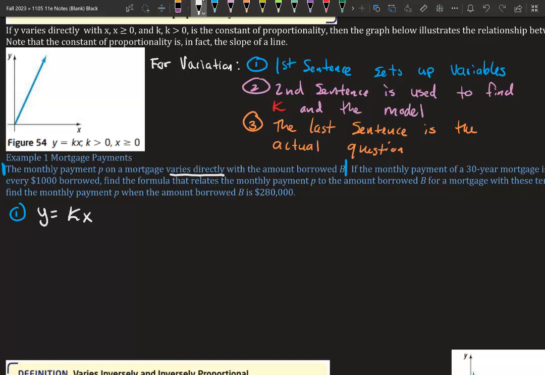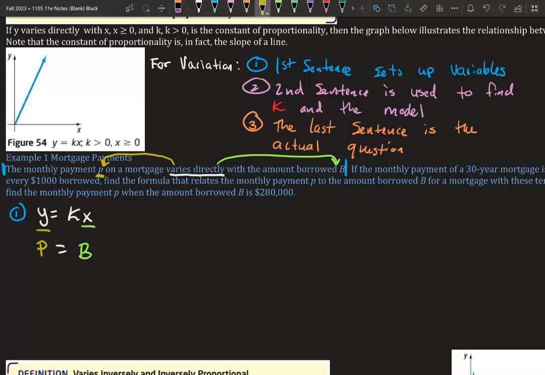So whatever comes to the left of that phrase is your y, and whatever comes to the right of that phrase is your x. To the left of this phrase, the variable they give us is P, so we'll have P equals. To the right, we're given B. So that's what x equals.